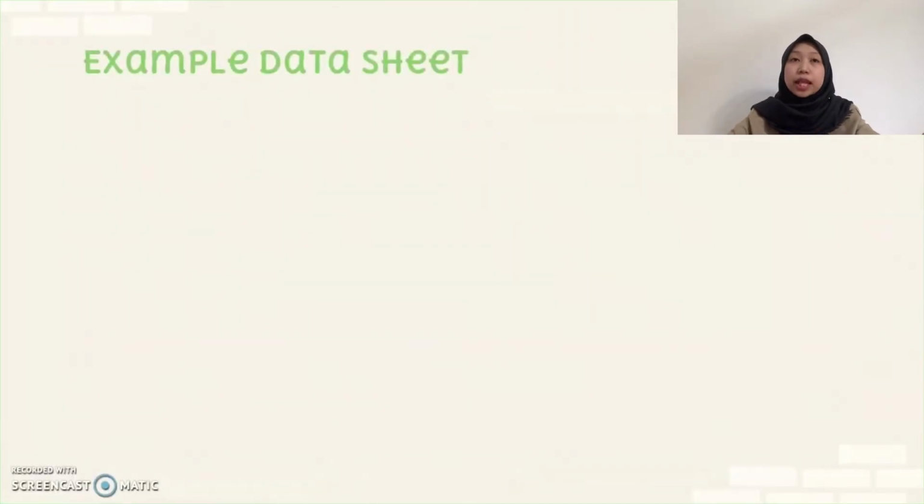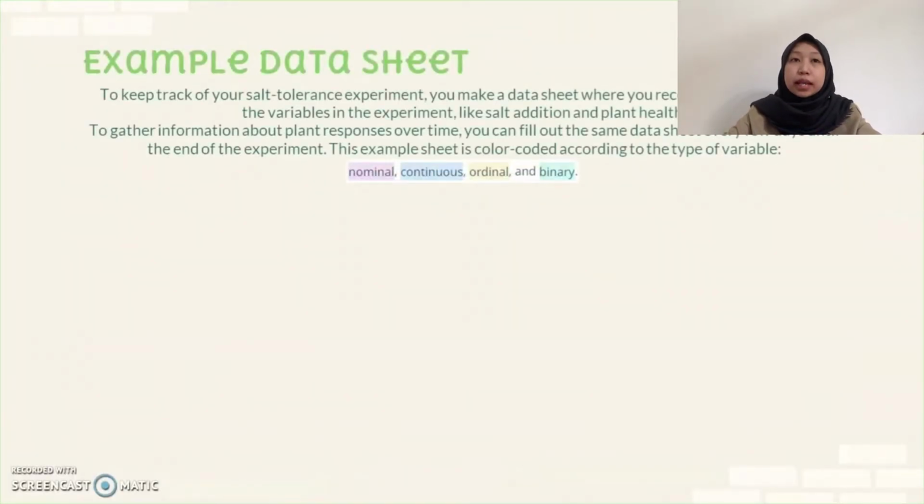This is the example datasheet. To keep track of your salt tolerance experiment, you make a datasheet where you record information about the variables in the experiment, like salt addition and plant health. To gather information about the plant responses over time, you can fill out the same datasheet every few days until the end of the experiment.